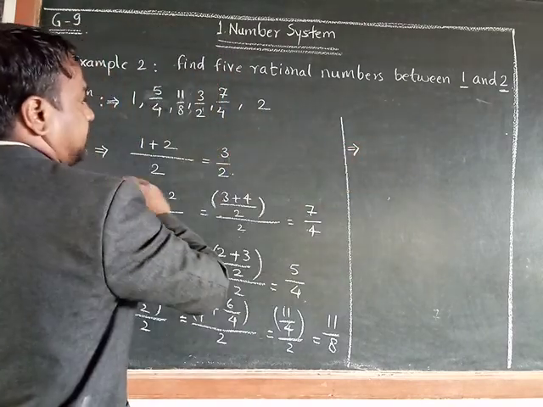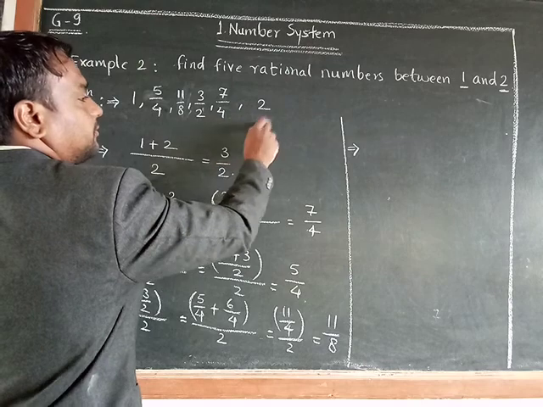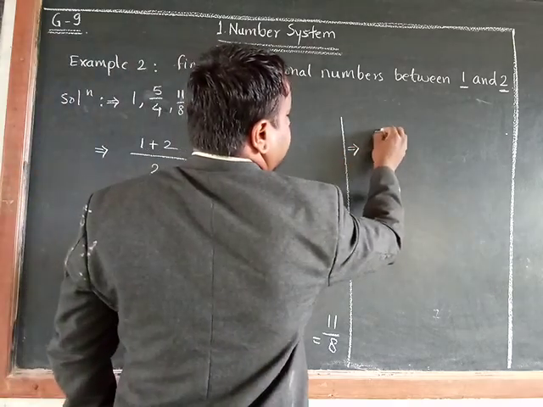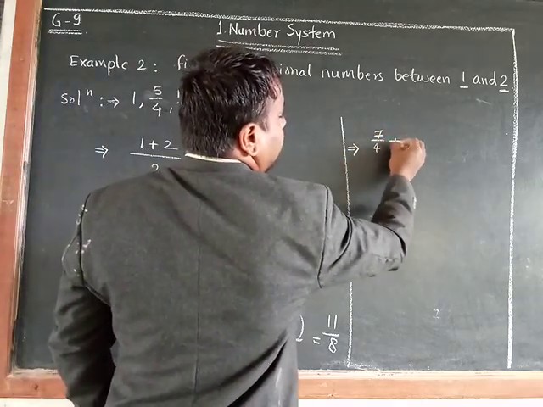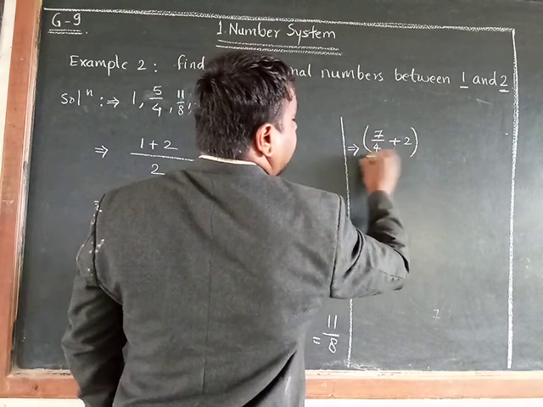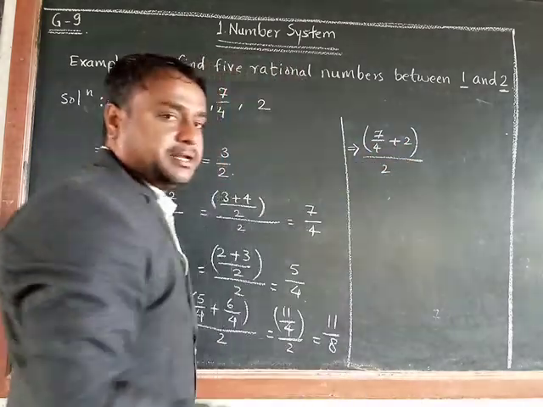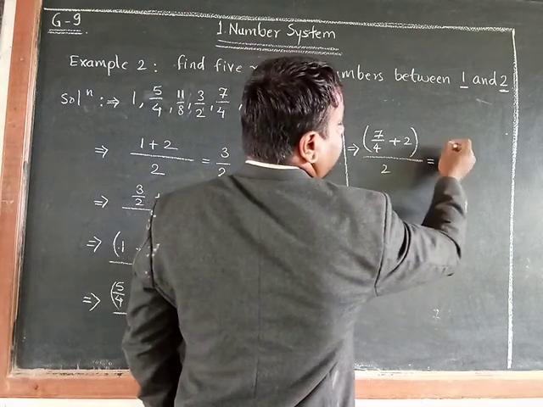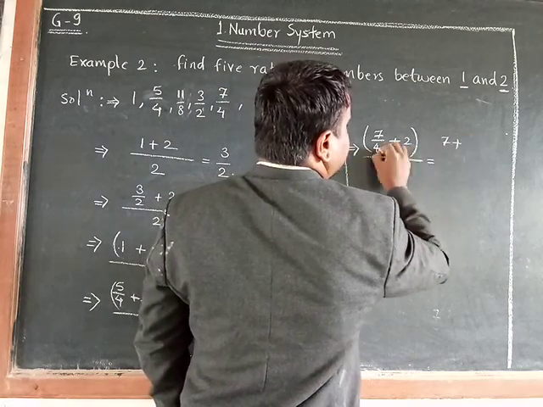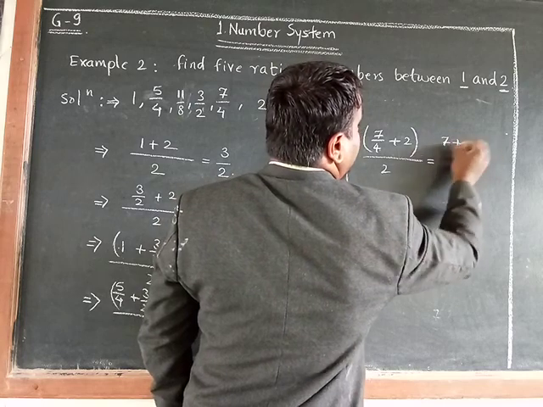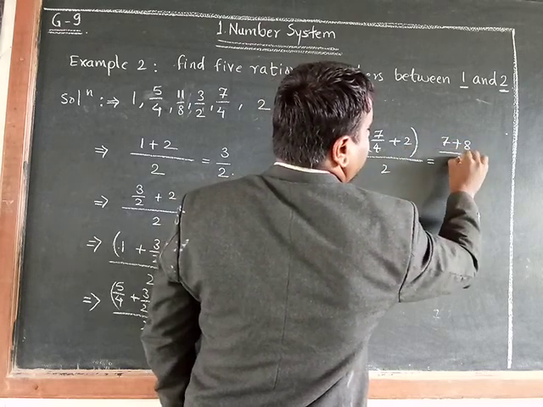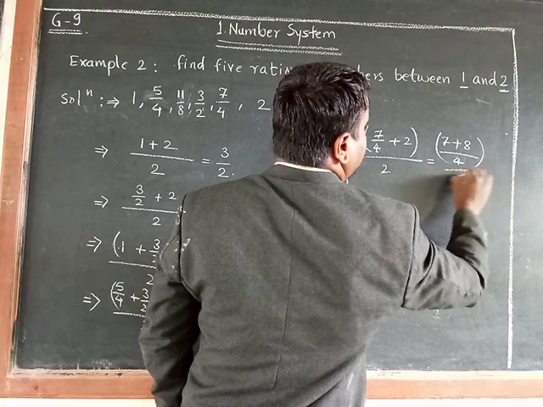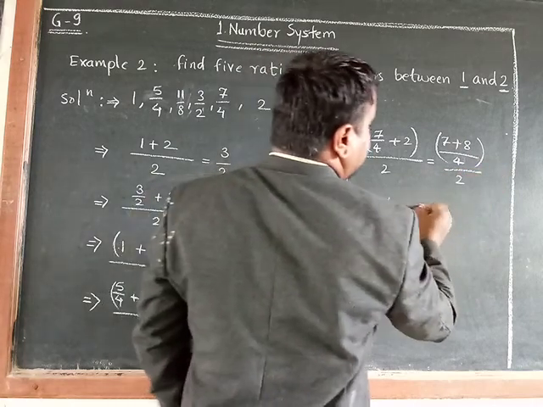Now let us take these two numbers, 7 upon 4 plus 2, and again divide by 2. Again let's do the cross multiplication. It is 7 plus 4 2s are 8, and 4 1s are 4, and the whole number divided by 2.